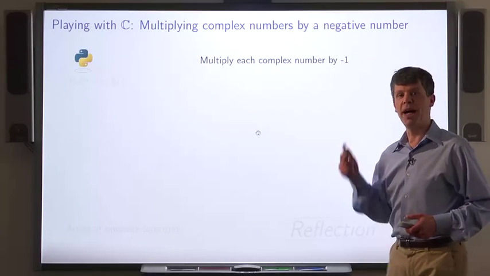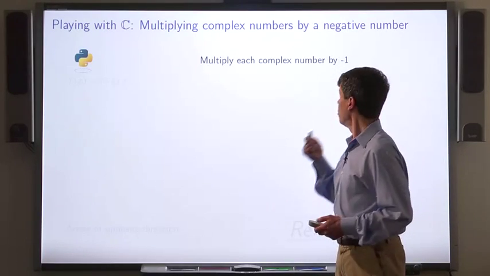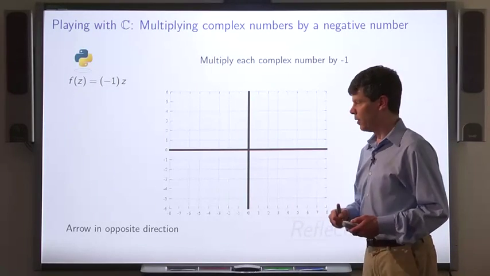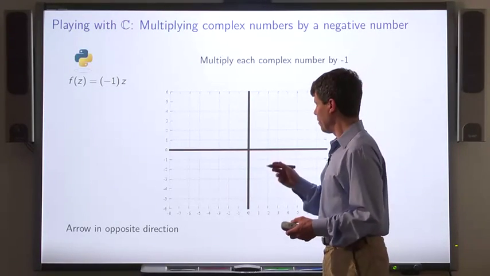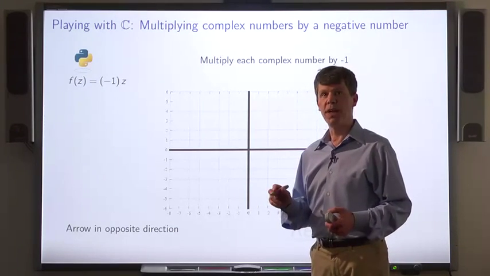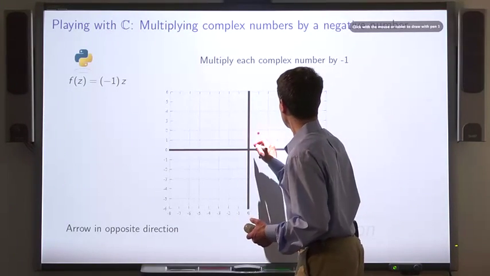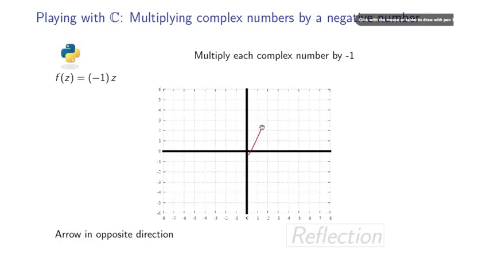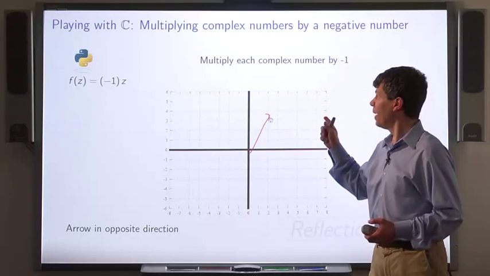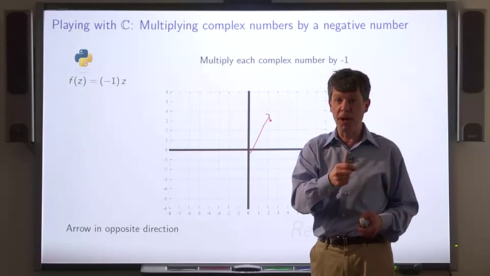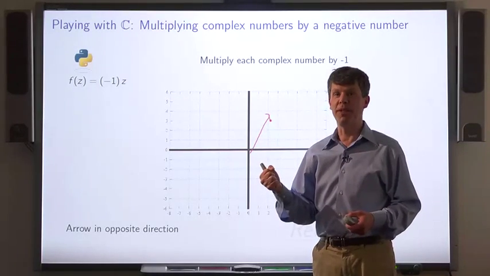What about if we multiply a complex number by -1? Let's try that. Let's start with the same complex number, 2 plus 4i. Multiplying this by -1 means multiplying the real part by -1 and the imaginary part by -1.